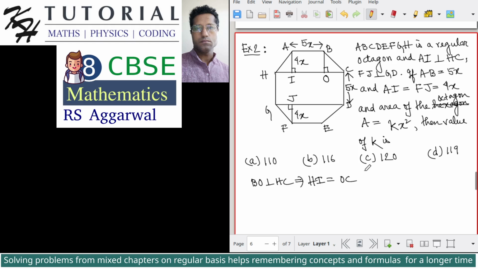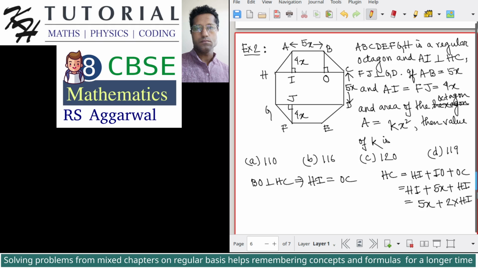We don't know what its length is, but once HI and OC are found, we can easily find HC, because HC will be equal to HI plus IO plus OC. HI we don't know, we have to find HI. Now what is IO? IO is equal to AB. So this will be 5x, and OC is also equal to HI. So this will be 5x plus twice HI.